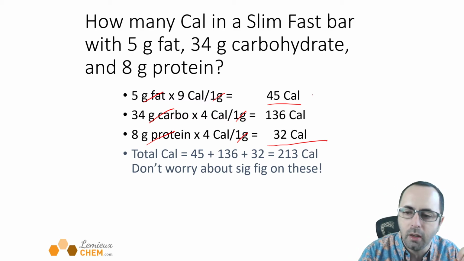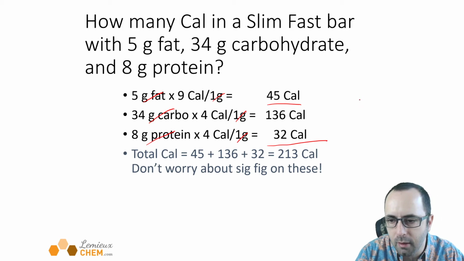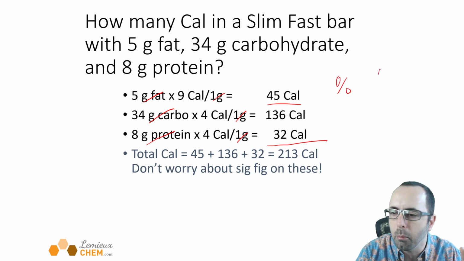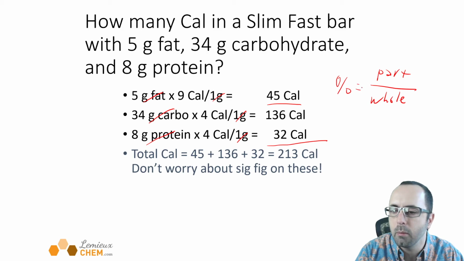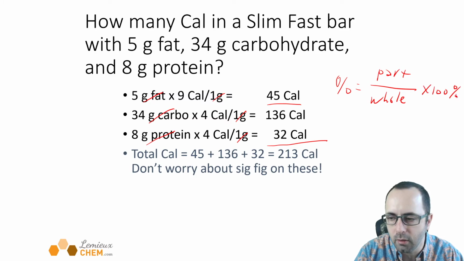So let me just remind you, what does percentage mean? A percent of anything is the part that you're interested in over the whole thing. Percent of whatever. It's the part you want to know over the whole thing. And then you multiply it times 100%, which will turn it into a percentage.